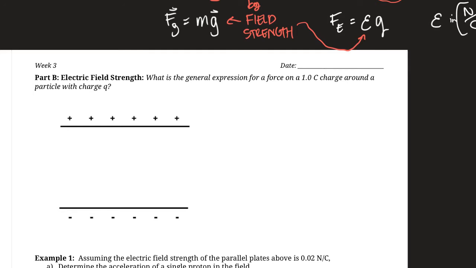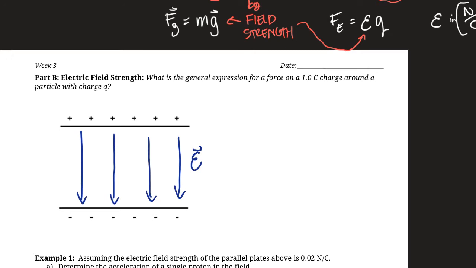Here are two parallel plates with charges, one positively charged, one negatively charged. So we know that the electric field, I keep saying magnetic, the electric field is going to go in this direction, from positive to negative. So we can call the field strength epsilon, and it does have a direction. It is a vector. The field does have a direction.